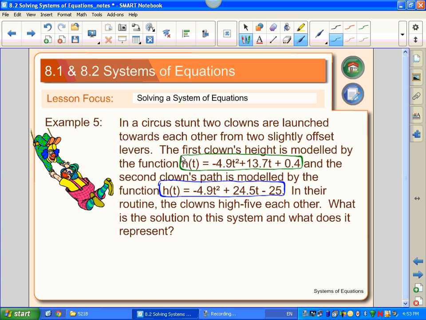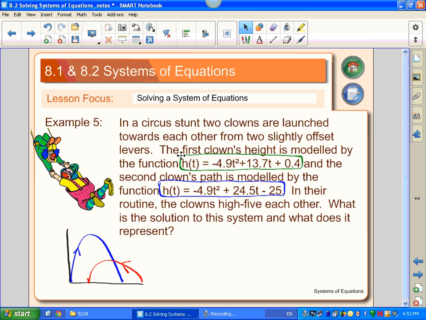So, just a little schematic of what this might look like. We have a graph. We have this clown coming this way, and we have this clown coming this way.